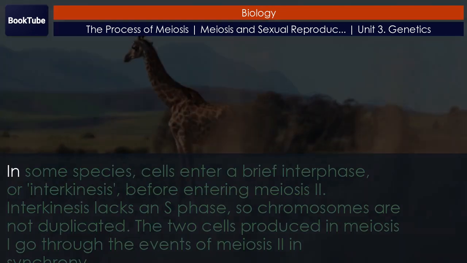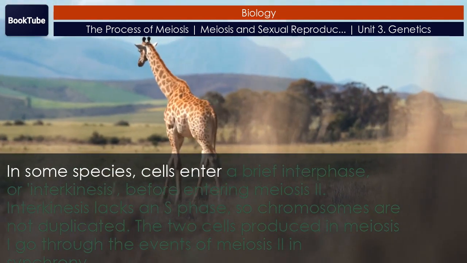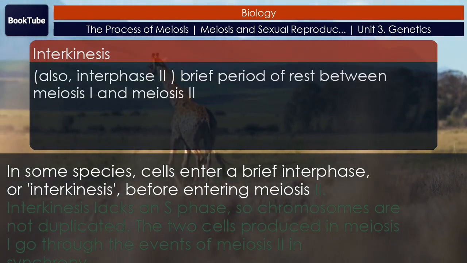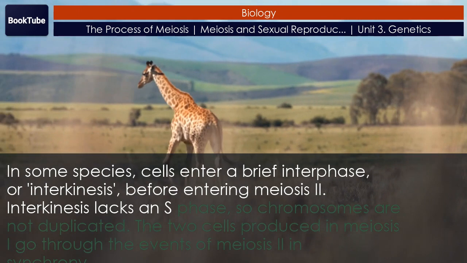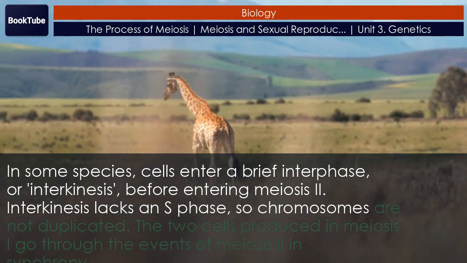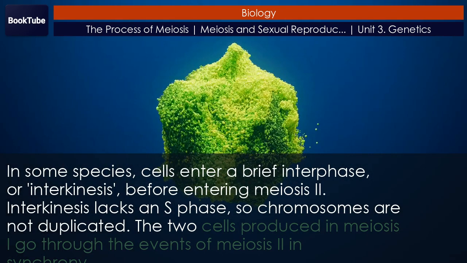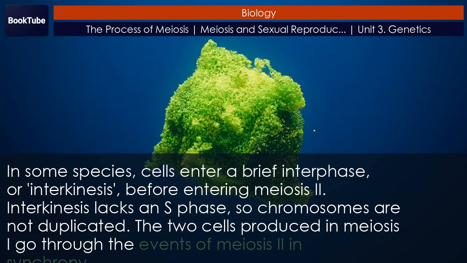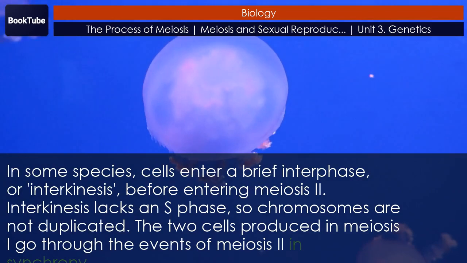Meiosis II. In some species, cells enter a brief interphase, or interkinesis, before entering meiosis II. Interkinesis lacks an S phase, so chromosomes are not duplicated. The two cells produced in meiosis I go through the events of meiosis II in synchrony.